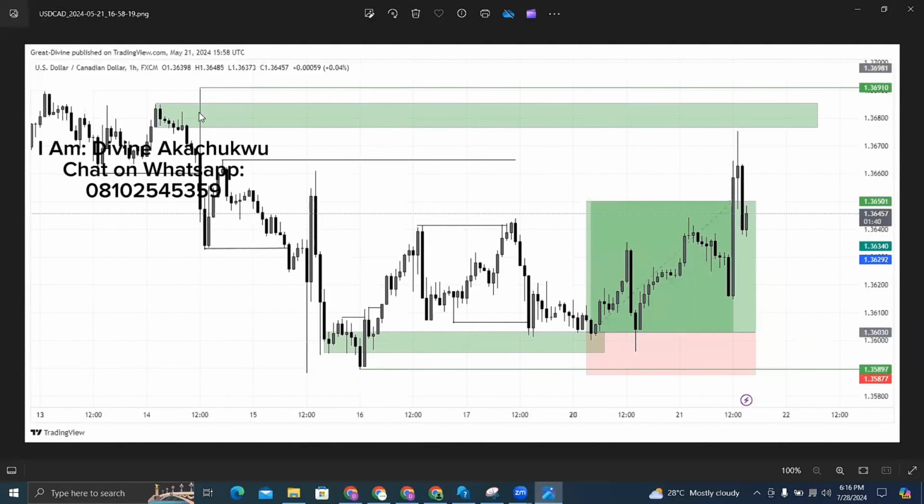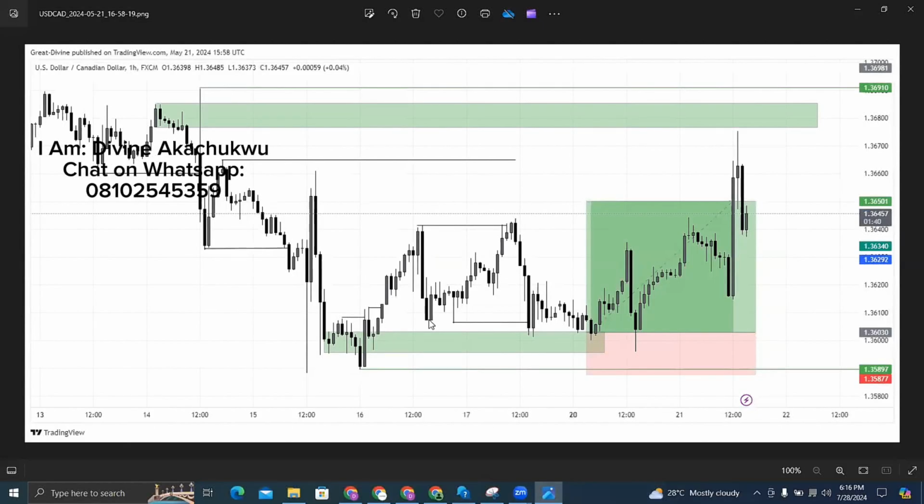This one is USD CAD, 1 hour time frame. And why did I take this trade? I saw the sweep. I saw the first break of structure. Notice that this break of structure happened over here. It broke structure with a candle here, not this wick. I don't use wicks to show my break of structure. So this is the first break of structure.